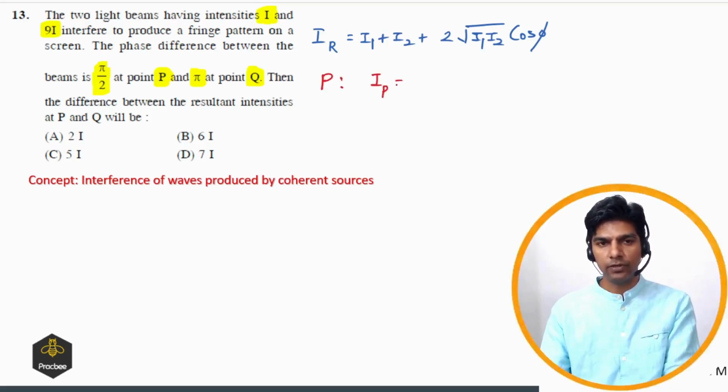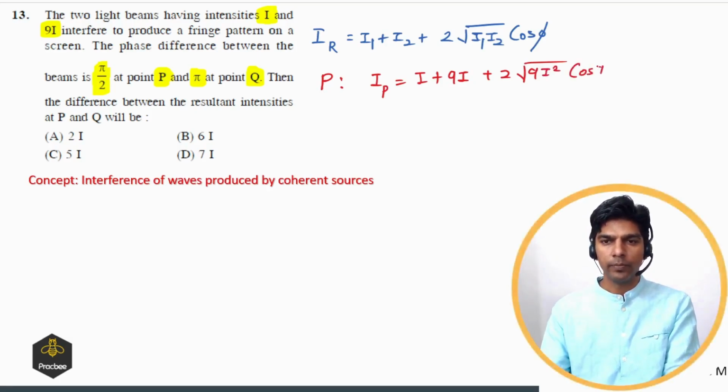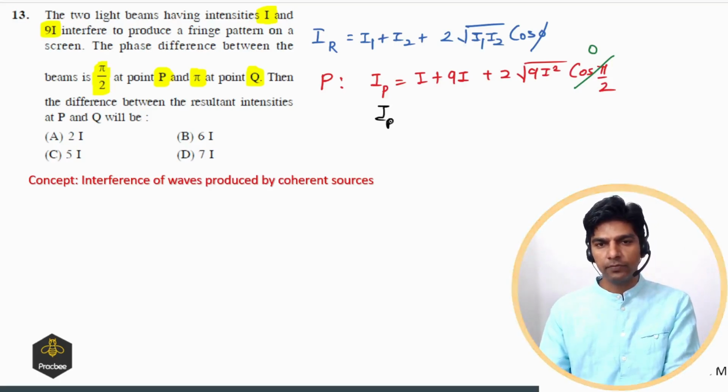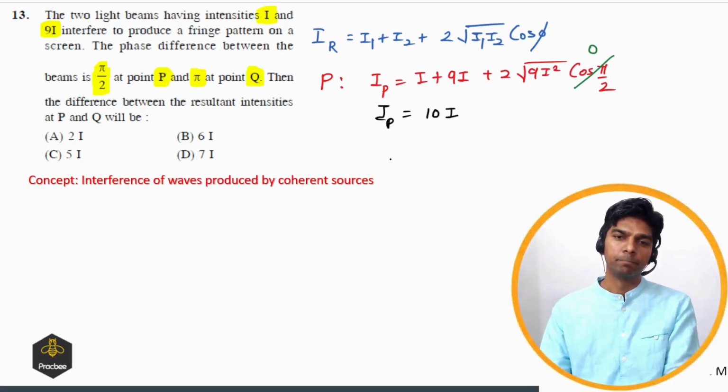Now let us apply this formula for P. So intensity at P will be I plus 9I plus 2 times root of 9I square times cos pi by 2. And we know that cos pi by 2 is 0, right? So intensity at P will become 10I.